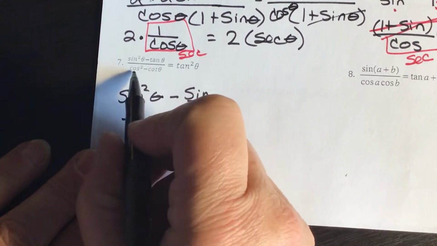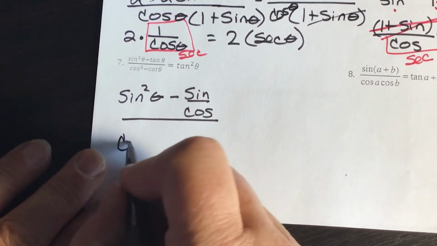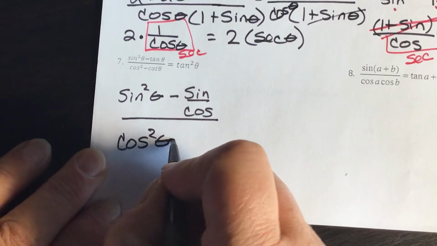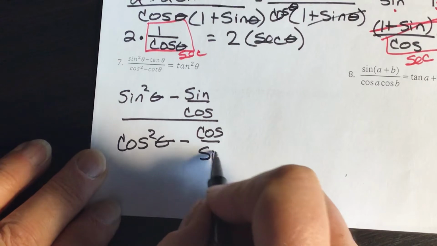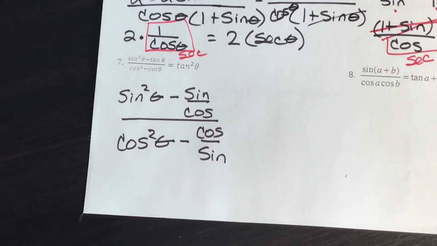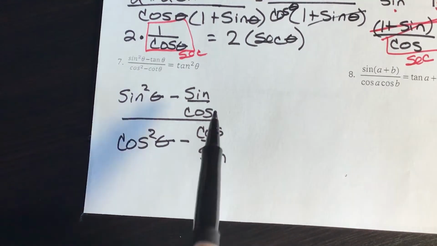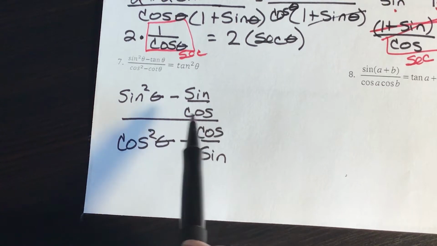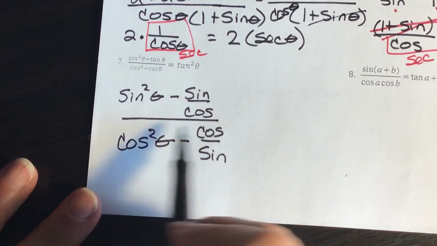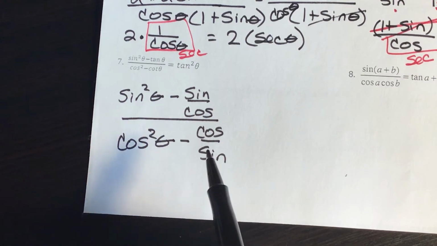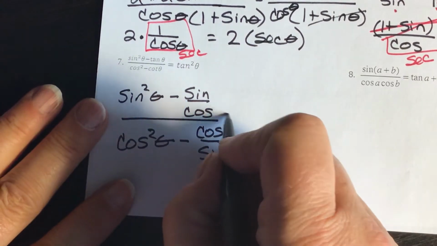And then I have cosine squared of theta minus cosine over sine. All right, so this is where I want to get a common denominator on the top and a common denominator on the bottom, and then I can multiply by the reciprocals.